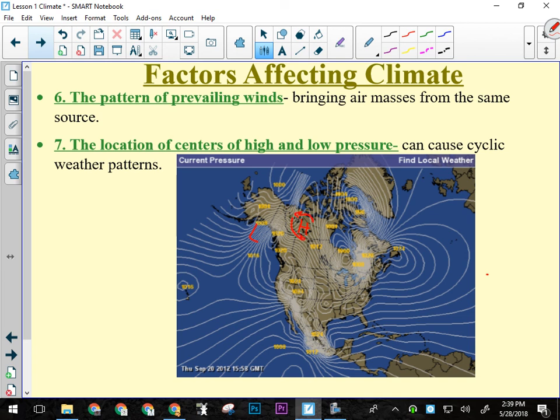Anyway, air typically rotates this way around the high, and it rotates this way, clockwise, around the low. And so what can happen is a big moist air mass would come off of this low pressure area and start tracking down the mountains like this. And you get a cold air mass coming off of this, and where do they meet?